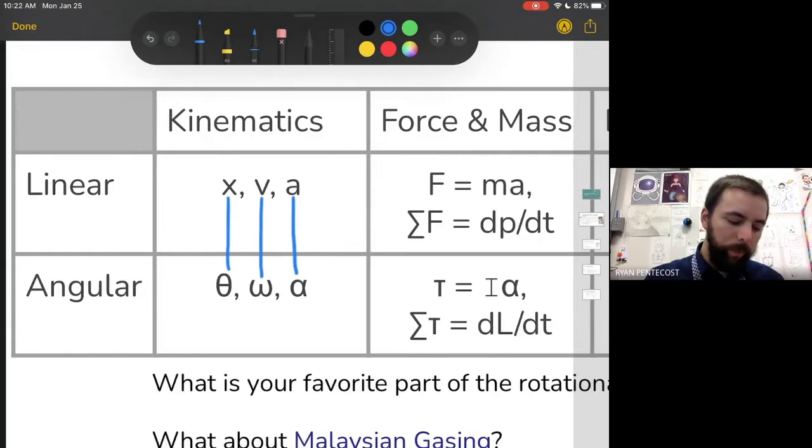So those you can actually put in, and we'll do that in the next video. We will just replace any x, v, and a with a theta, omega, and alpha at any time, so that you can translate that from linear kinematics to angular kinematics.